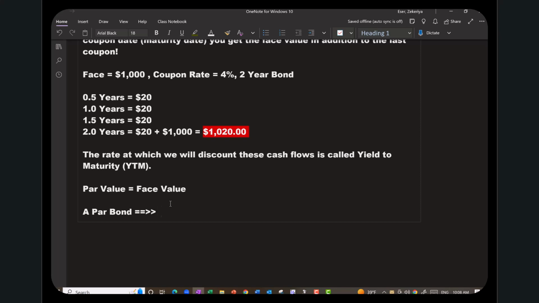A par bond is a bond where face value equals bond value. A discount bond means bond value is less than face value.